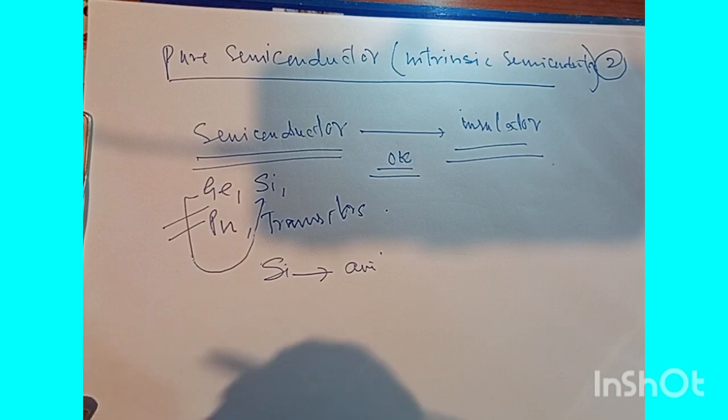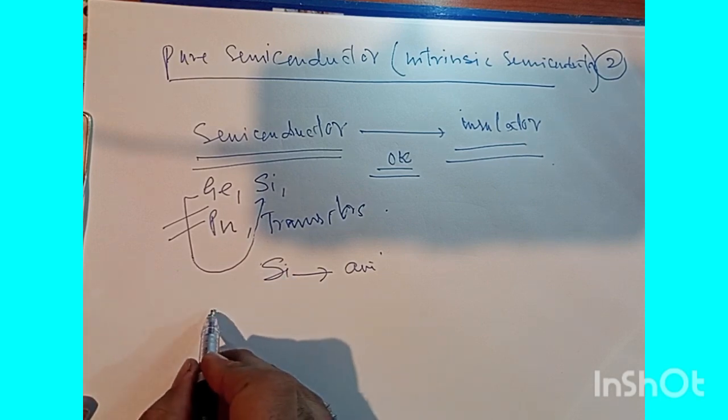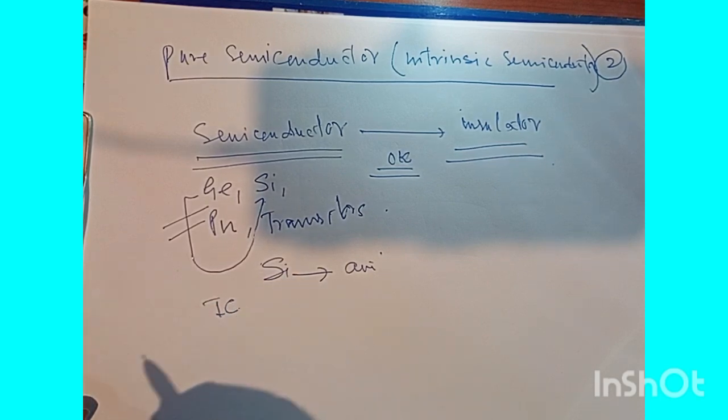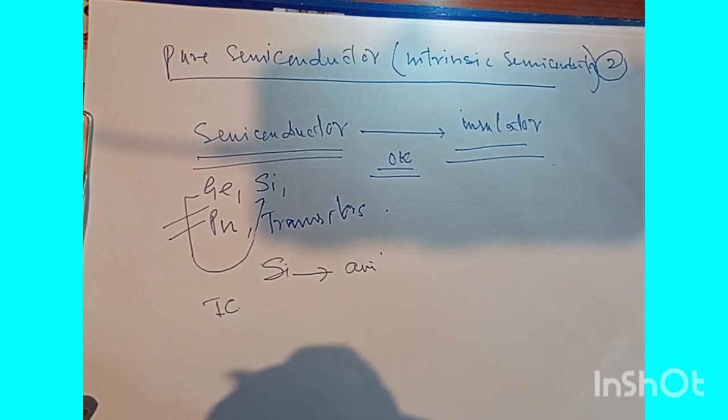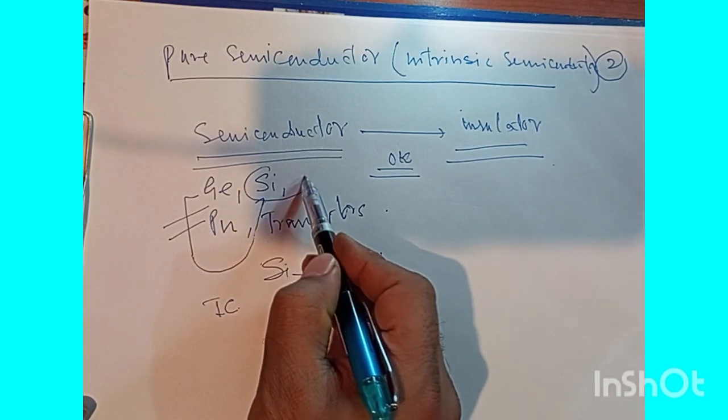At present we have complex integrated circuits, which we call ICs, and these are manufactured from this easily available material, silicon.